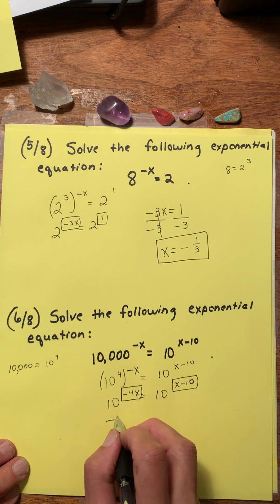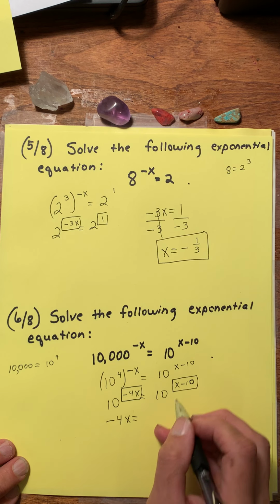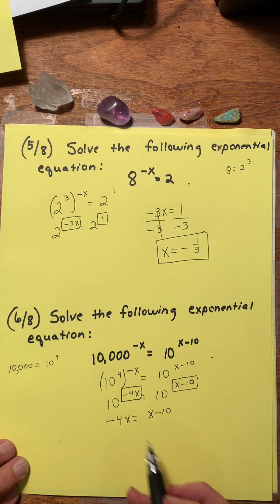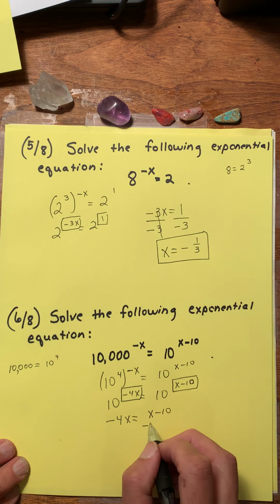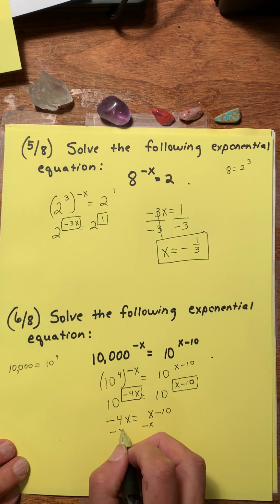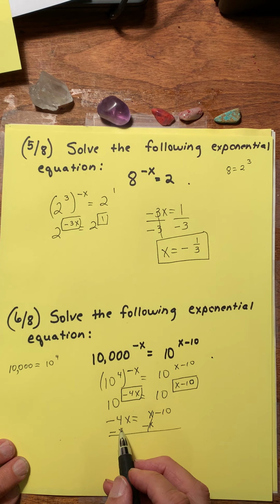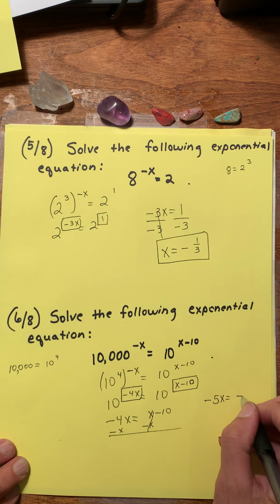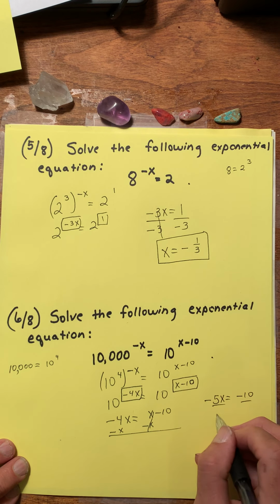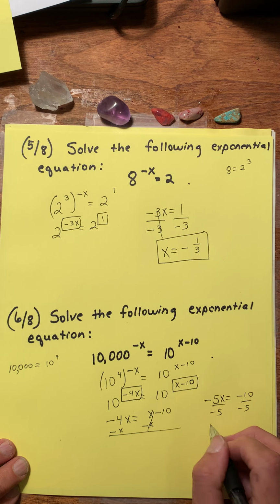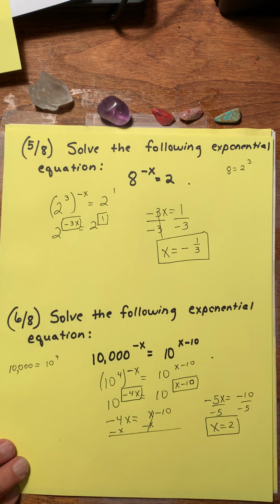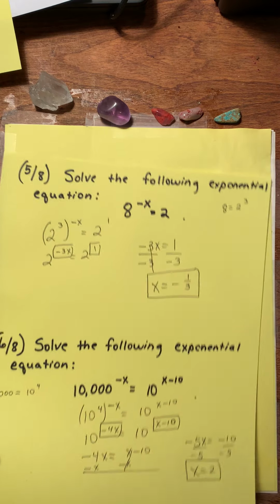So I get negative 4x is x minus 10. I want to solve for x, so I need to get my x's together. I'm going to subtract x from both sides. It's negative 5x equals negative 10. Divide by negative 5, and I got it. It came out nice and neat, didn't it? All right.